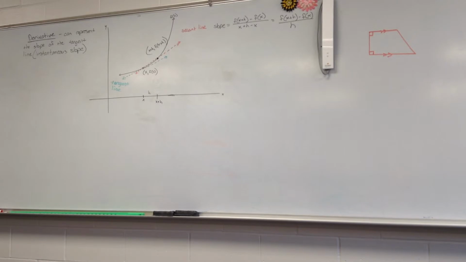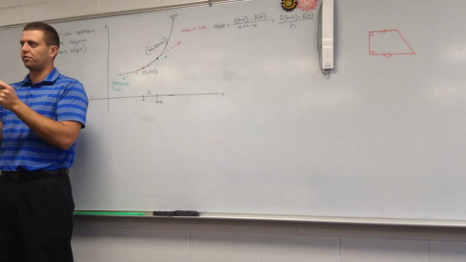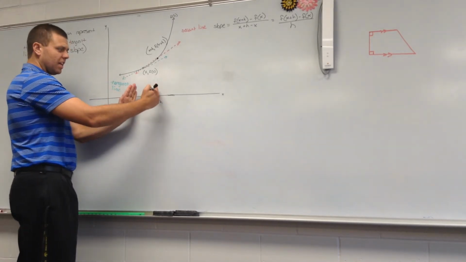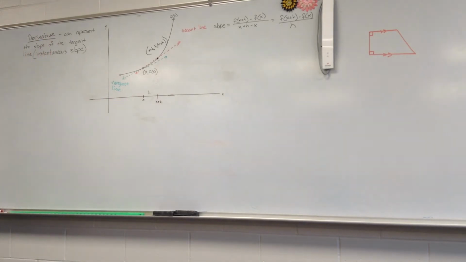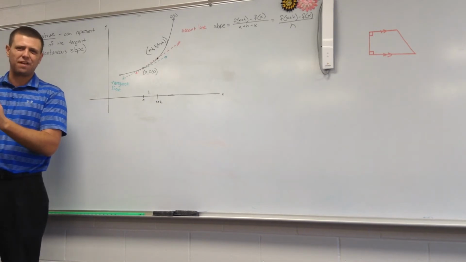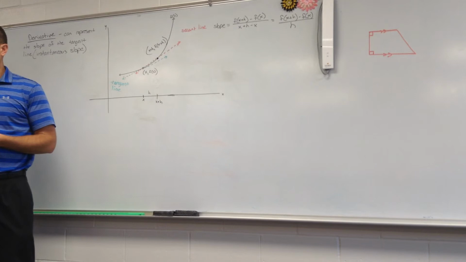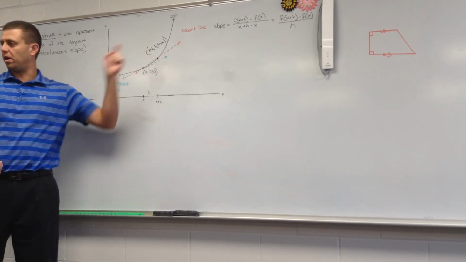What if I make it smaller again? Kind of like with the whole idea of the car yesterday, where we took the picture of the odometer on smaller time intervals. If we make that h value infinitesimally small, like 0.0 with a googolplex of 0s and then a 1, we're going to get essentially the slope of that tangent line.